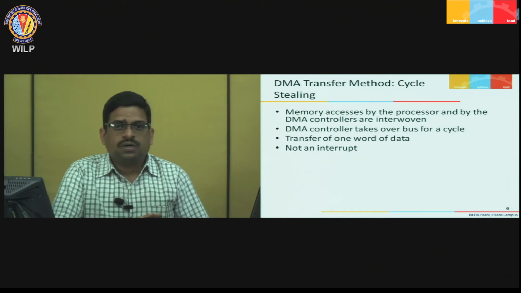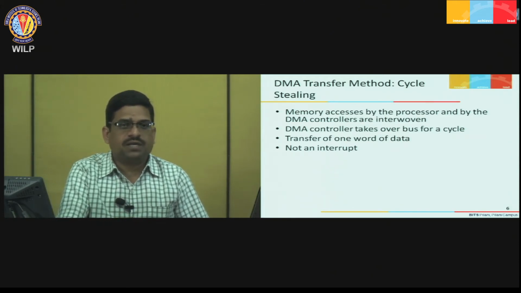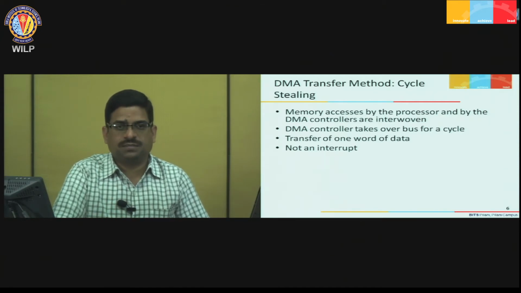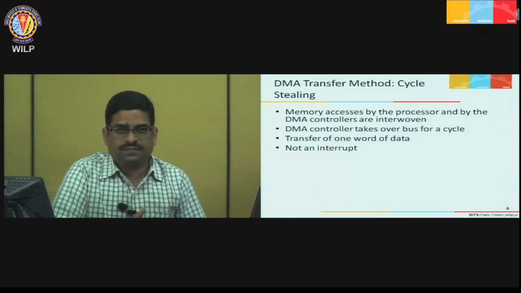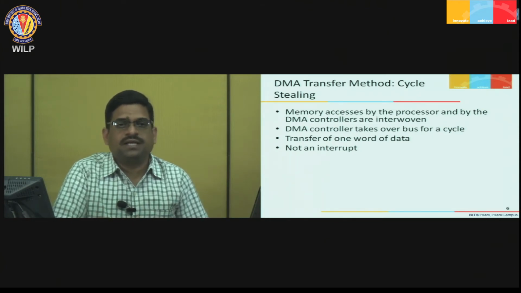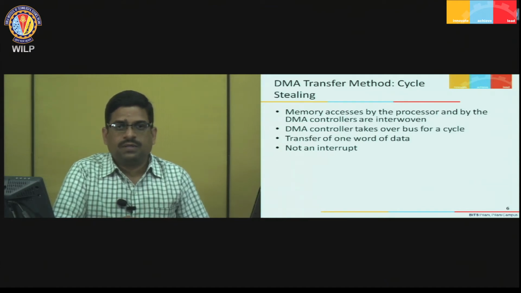There is no interrupt, meaning no context switching. Sometimes bus control is with the processor for, let us say, one cycle, and in the other cycle bus control is with the DMA. When the DMA is using the bus, the processor cannot use the bus, because if both simultaneously try to use the bus, it will be garbage. So in this case context switching is not required.